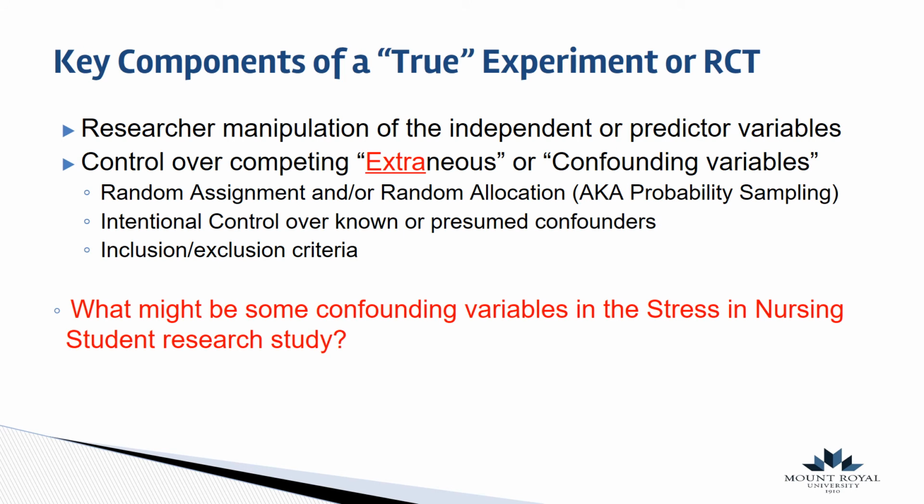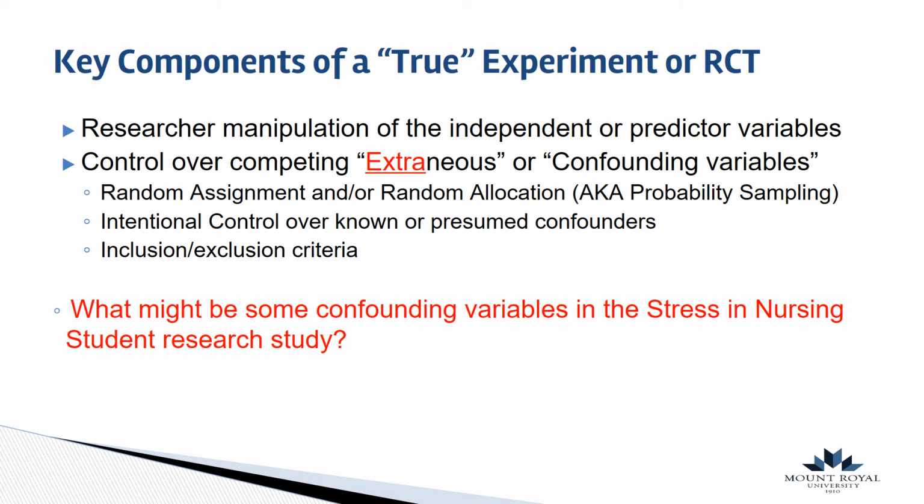So components of the true experiment, we've got researcher manipulation of the independent variables. The other main feature is control over competing or extraneous, or sometimes called confounding variables. And so there's two ways we go about this. We have random assignment or randomized sample, or sometimes called random allocation.